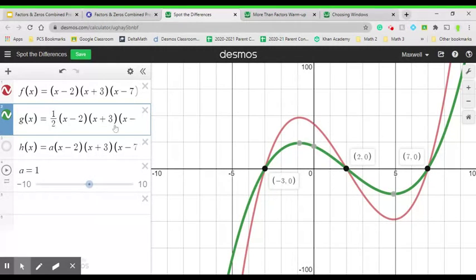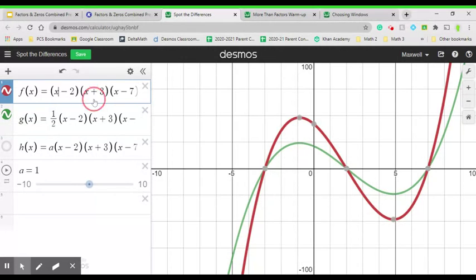If you look at the factors and you think about what we discussed in part 1, the x-intercepts are our zeros from each of those factors, which would be -3, 2, and 7. So we have the 2 from this parentheses, and we have x plus 3, making -3 from this one, and then the positive 7 from the third parentheses. So that finishes up how they're similar.